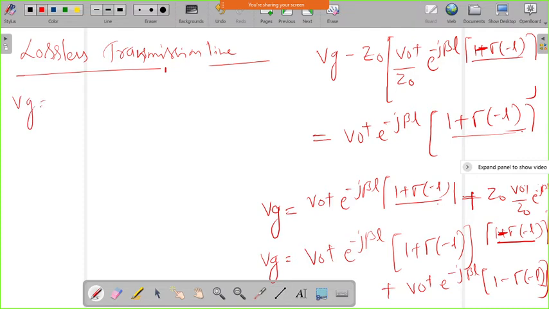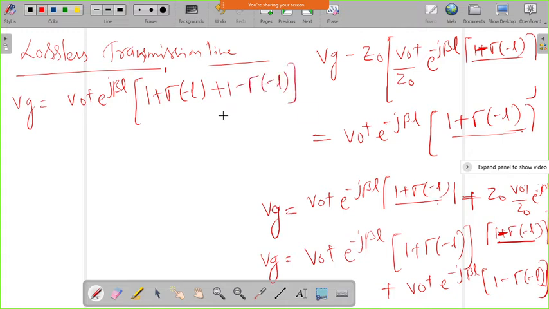So Vg equal to V0 plus e power j beta L, and I will be left with 1 plus gamma of minus L, plus 1 minus gamma of minus L. This gets cancelled, and we get Vg equal to V0 plus into e power j beta L into 2 times, since it is only 1 plus 1, 2.